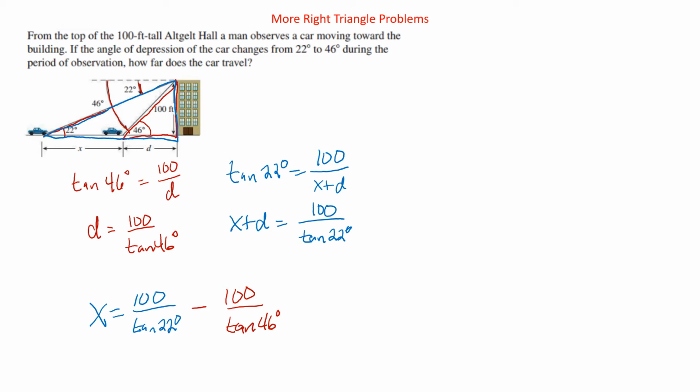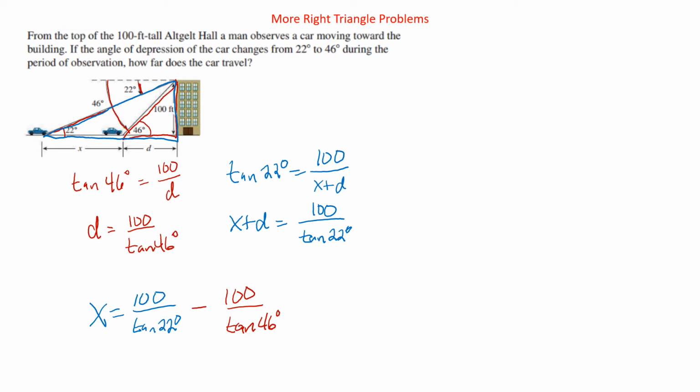Now, both of these are just calculator things. When doing it, there's multiple ways you could put it in all together. My caution with that is to make sure that the 22 does not also include the minus 100 over tangent of 46. I generally would do them separately.